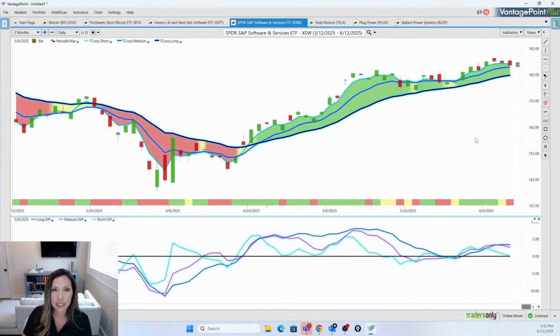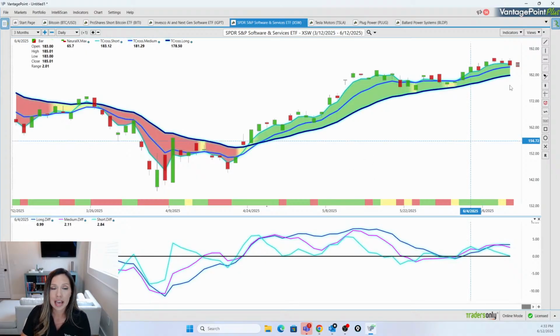So let's take a look at some other ETFs here, some other power movers that we've seen here recently. XSW, man, tech, software, artificial intelligence. And again, this really incorporates everything from cryptocurrencies to fintech to clean energy. The advancements in technology and innovation in the past few years has just been explosive.